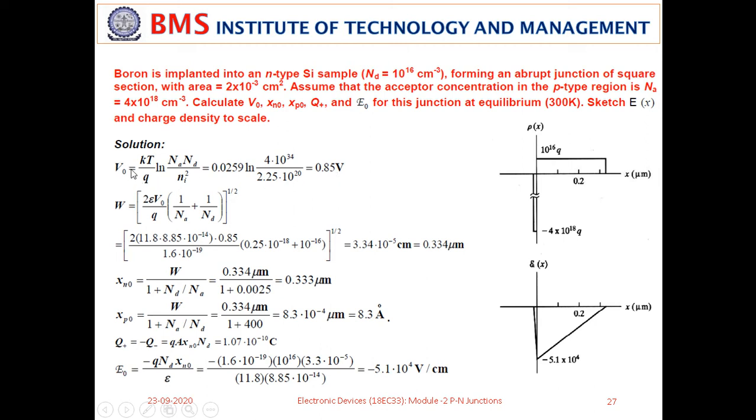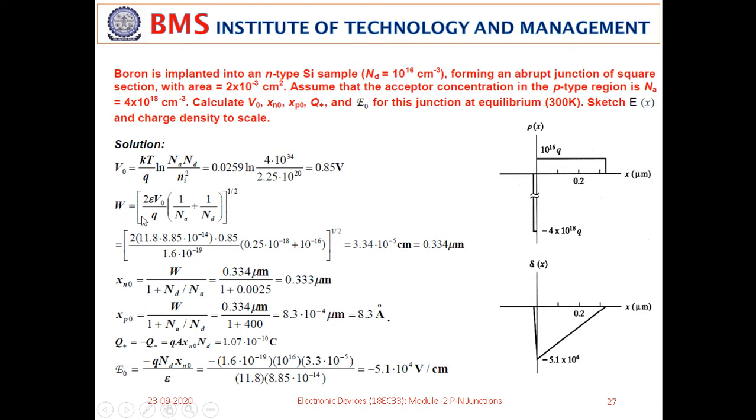So V naught, we know that we can easily predict this value cannot exceed 1 volt. This is a contact potential or built-in potential. Since it is a silicon sample, it will be in the range of 0.7 to 0.85. So once the built-in potential is calculated, then you can go for depletion width W.